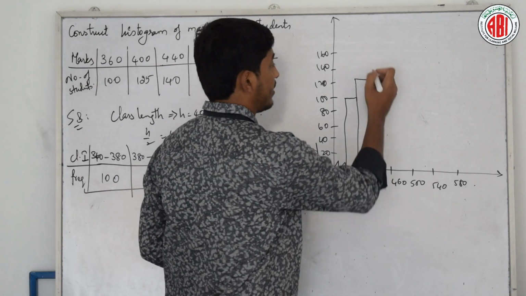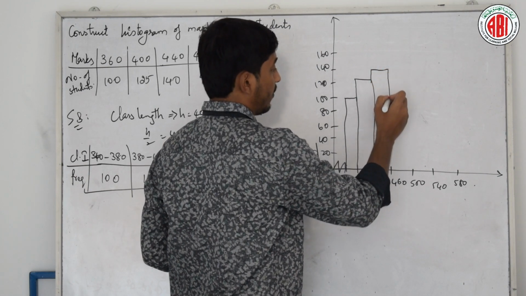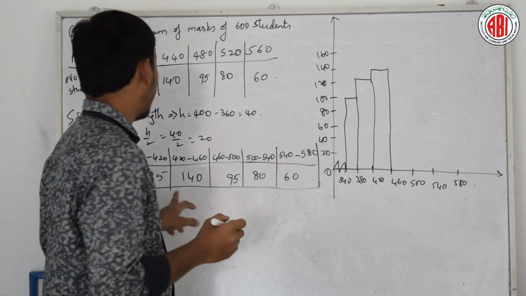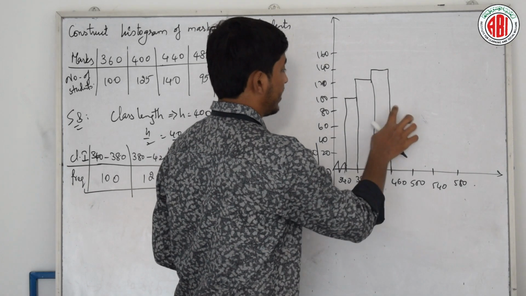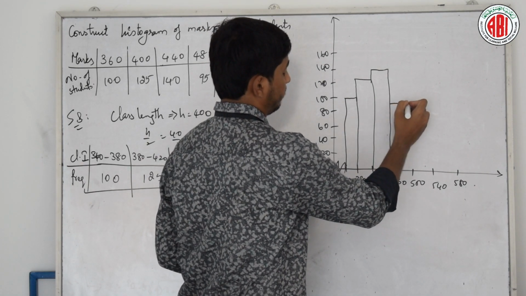In between this is 140. Don't get confused, write it correctly. After that 460 to 500 is 95, somewhere here. It is 95.